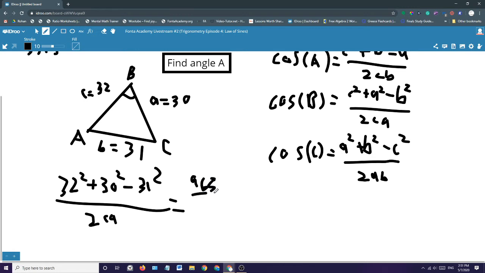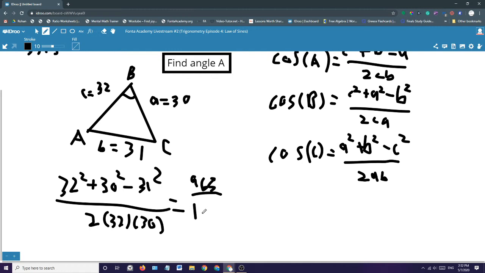So that is 963 divided by, oops, sorry. 2 times 32 times 30.